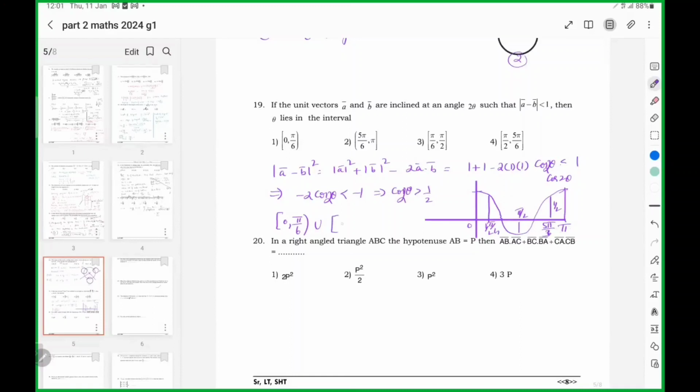Again, it is more than half. Existing interval which contains 0 to pi by 6. So that is the answer for it.